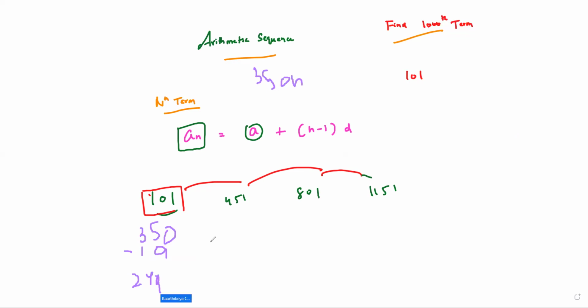So now we have 249. So it becomes 350n minus 249. I'll just type this: 350n minus 249.